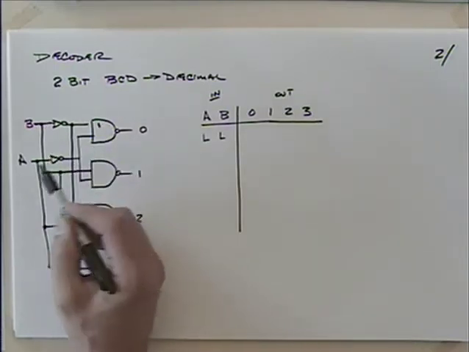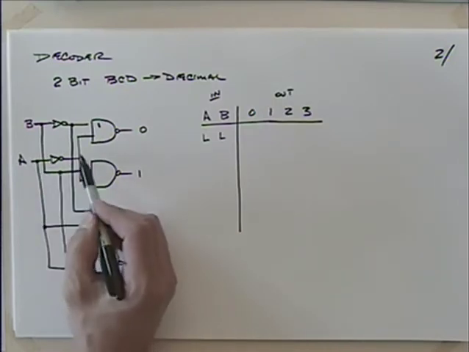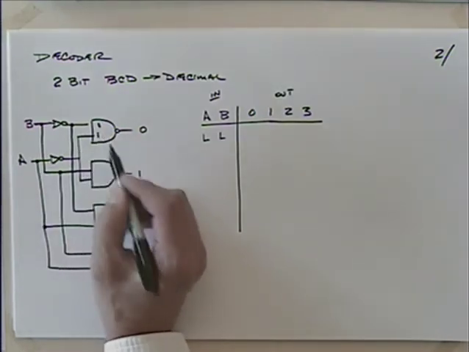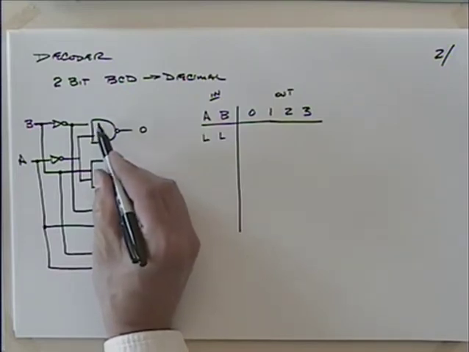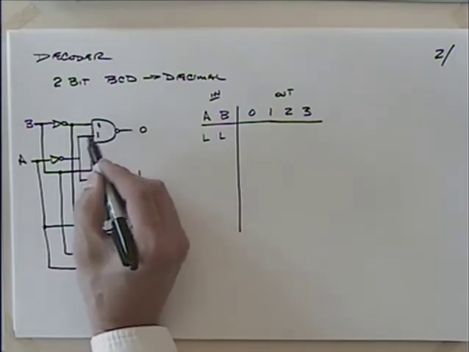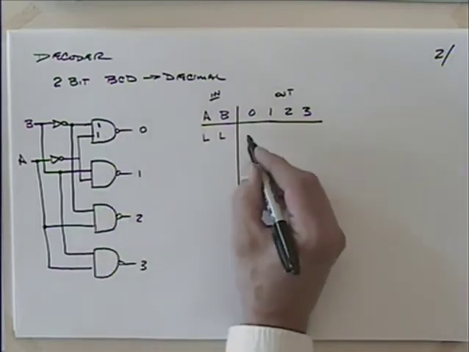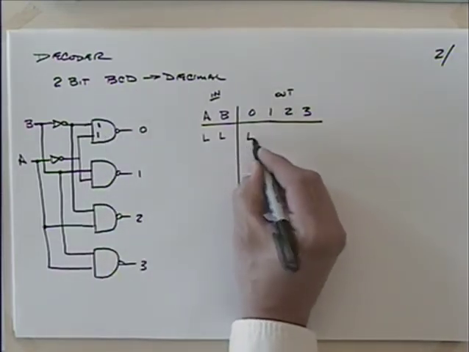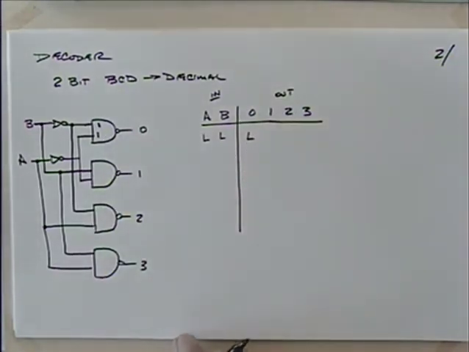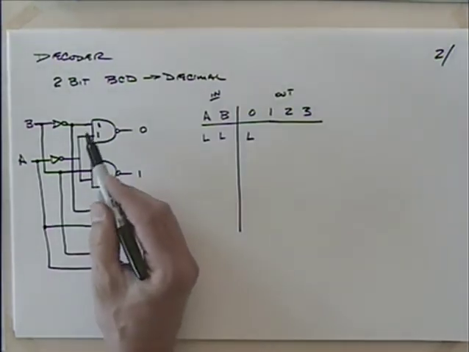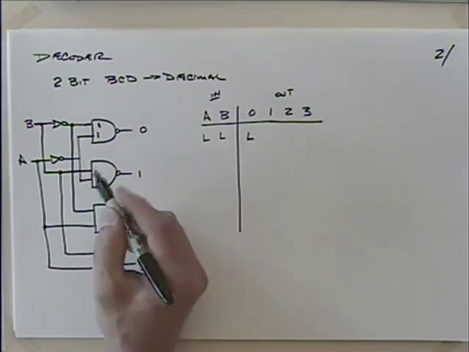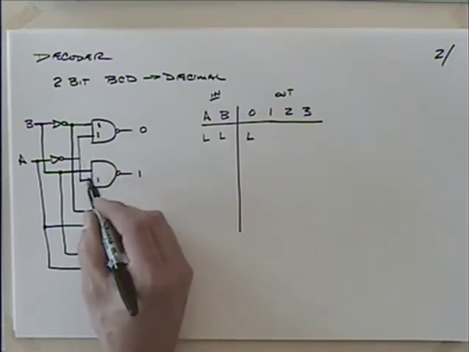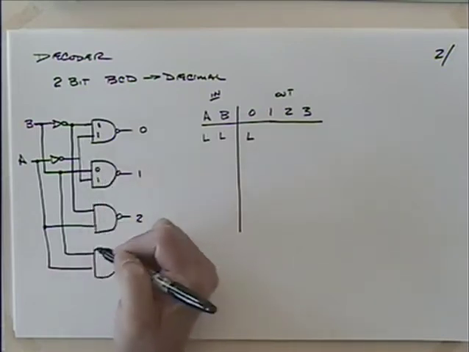And if I have a low here, I will get a 1 there. An AND with 1 and 1 would give me a 1, but a NAND should give me a low, shouldn't it? So I'll have a low there. And then we can go on to the next one here, but it doesn't take much to recognize you would have a 1 here, and then you would have a 0 there.